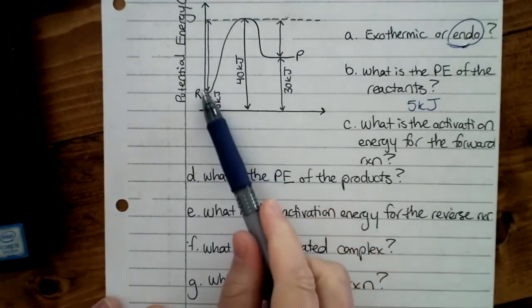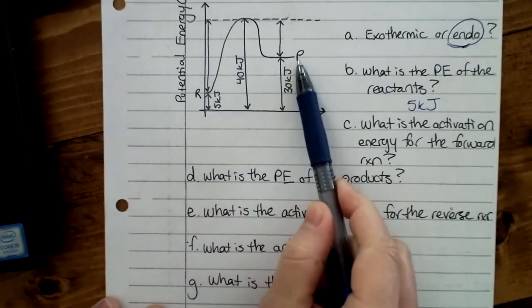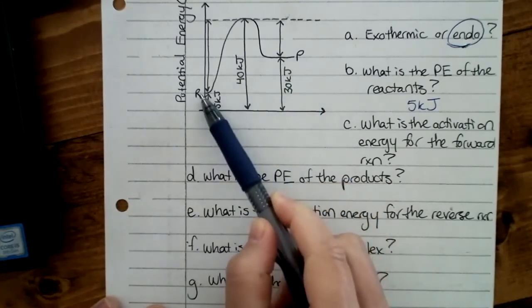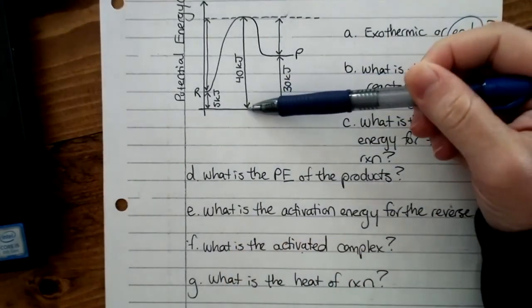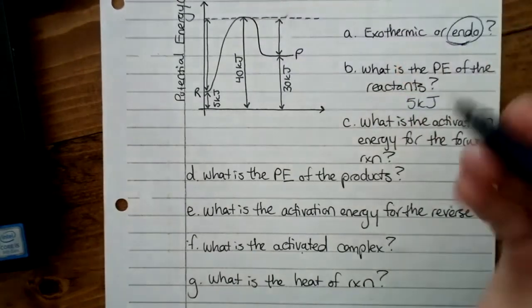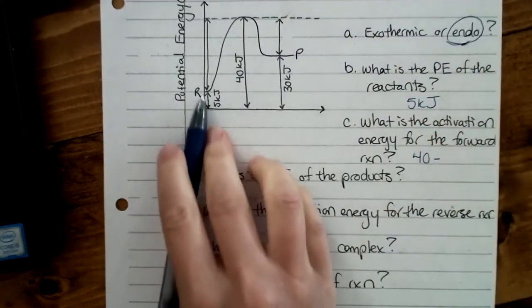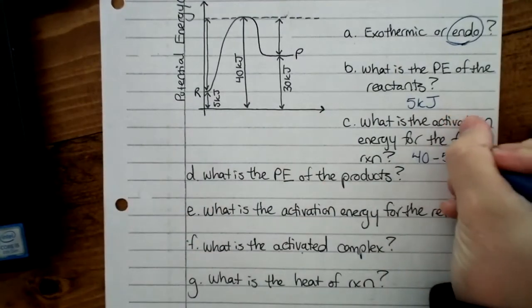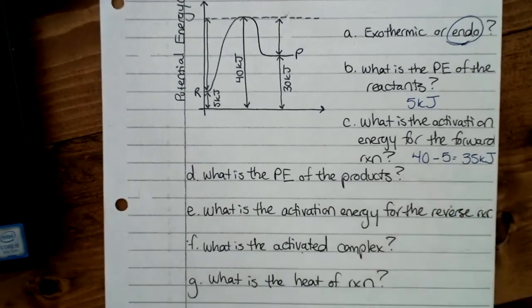So if we want to go from reactants to products moving forward, how much energy do these reactants have to gain? Well, we have to do a little bit of math for this. If you look at the very bottom of our energy chart to the top, that's 40 kilojoules minus the amount they started with. So minus 5 gives us 35 kilojoules is the amount they had to gain.